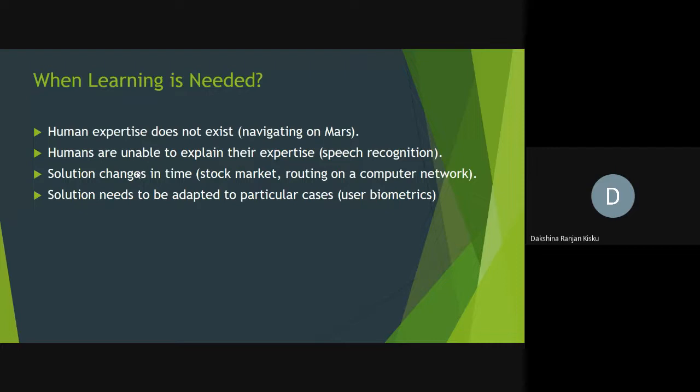Now, if I consider a situation like the stock market, stock prediction, or routing on a computer network, here we see that solutions frequently change. Solutions change frequently in stock markets as well as in routing on a computer network. So in such situations we cannot use human expertise.